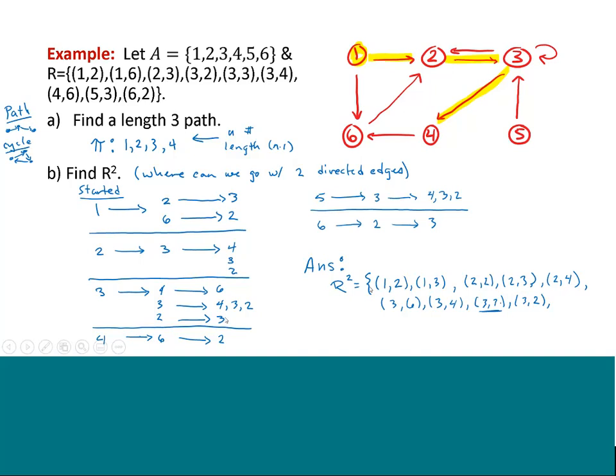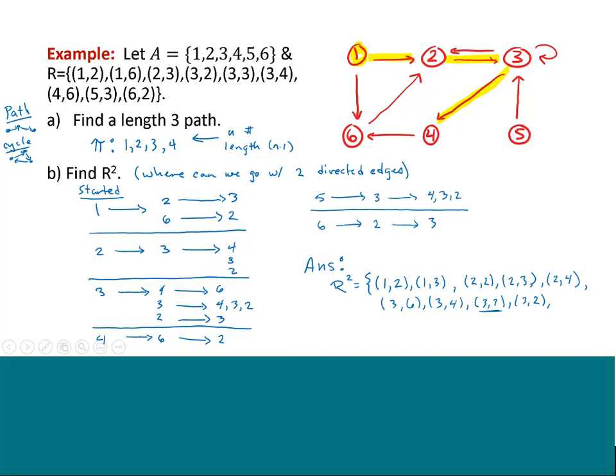So what it means when you have the duplicates, it means there's 2 different ways to start at 3 and end at 3. So there's 2 different, for lack of a better term right now, paths that start and end at 3. However, in terms of R2, because we're writing out the set and we don't care about the middle, we don't care about how you got there, we just want to know if you got to that ending point, you're only going to put the 1 copy.